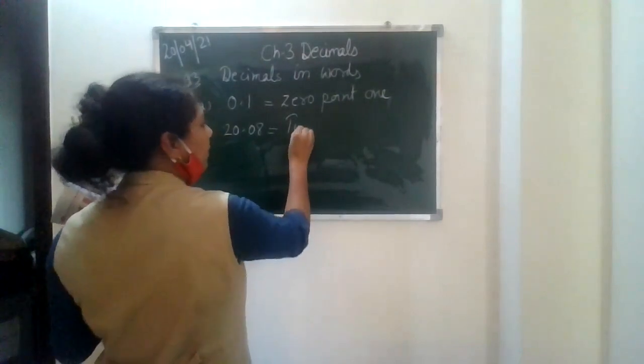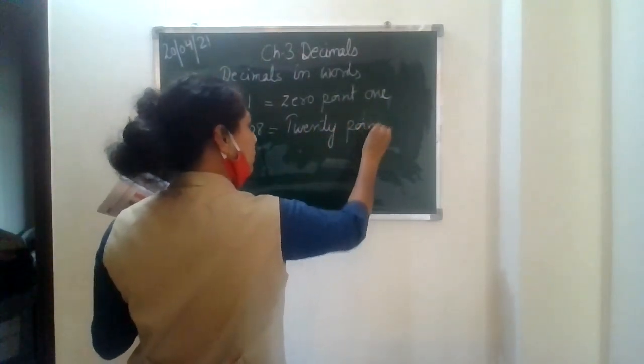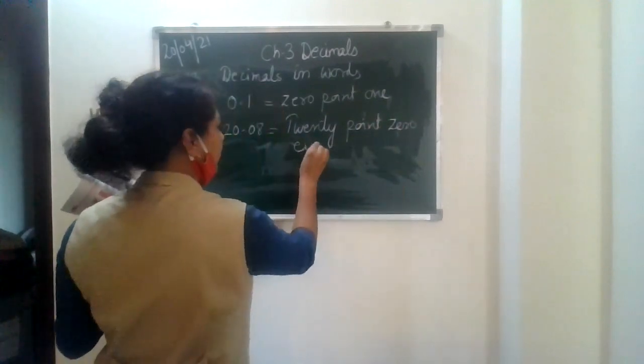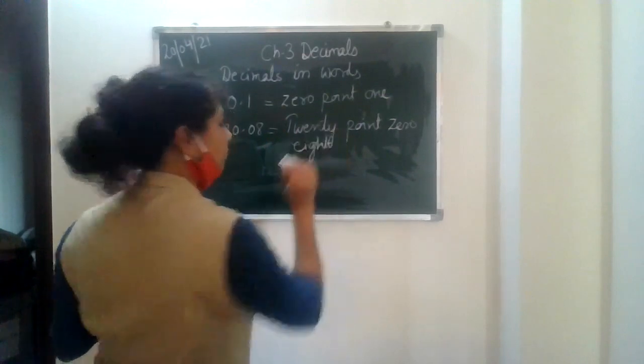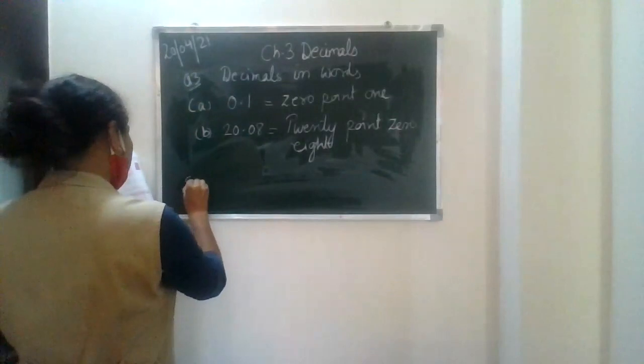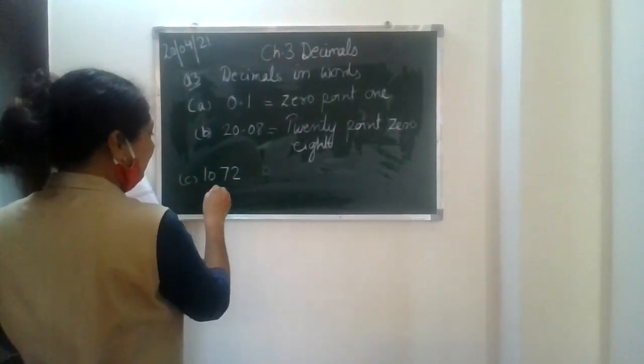Fine. So you can write it 20.08. Then C part, 1072, that is 1072.567.